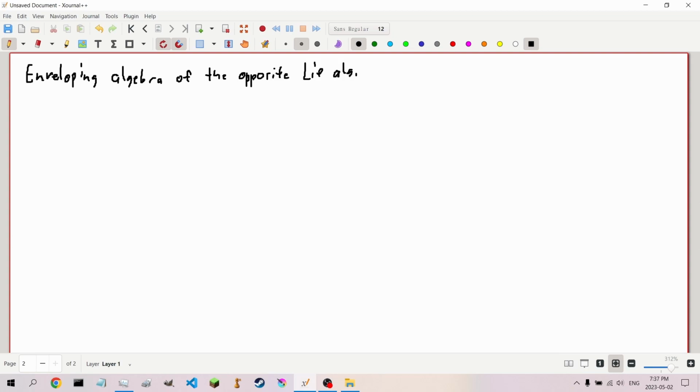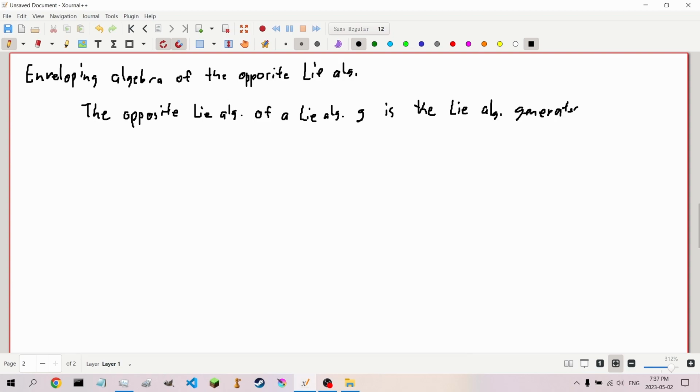So the opposite Lie algebra of a Lie algebra G is the algebra generated by the anti-isomorphism which sends the bracket to, essentially it just reverses the order.